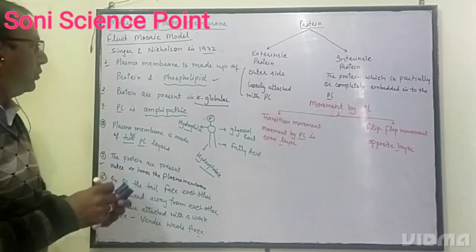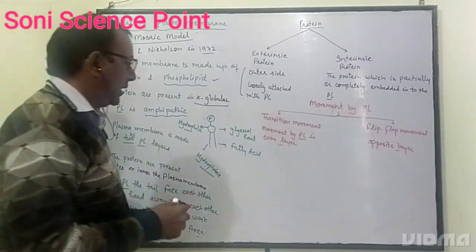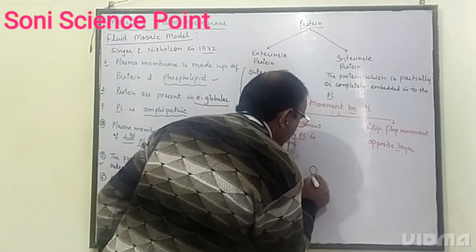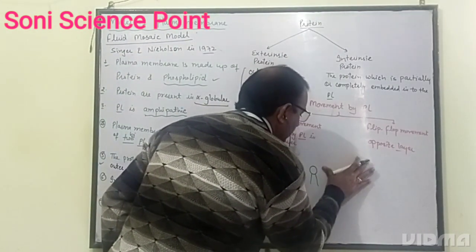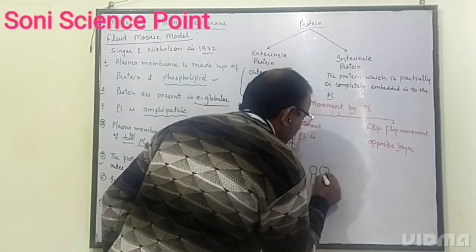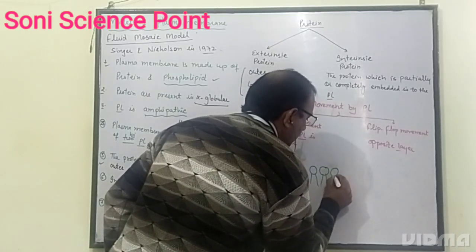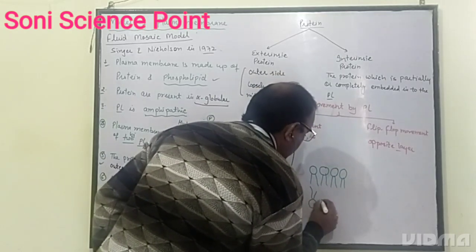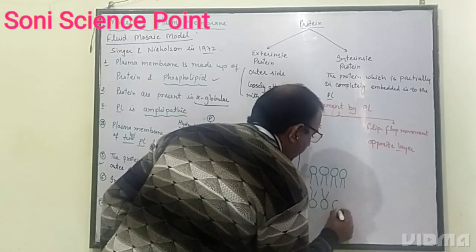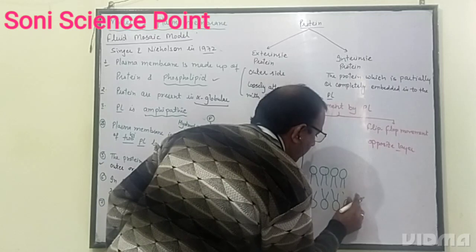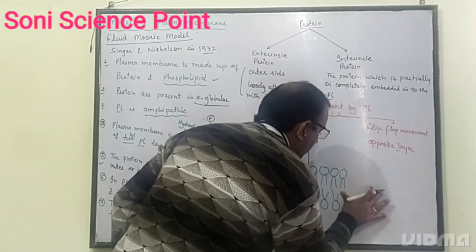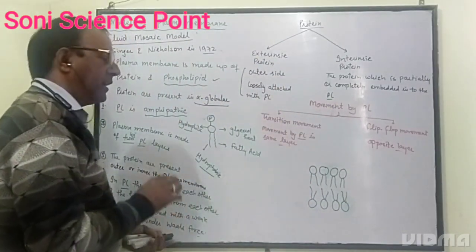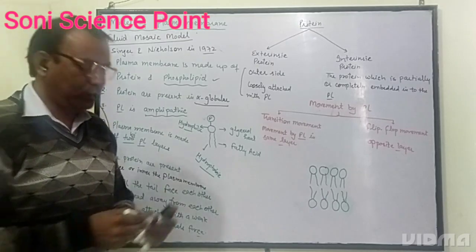So we draw the diagram as proposed by Singer and Nicholson. First, the phospholipid bilayer in the plasma membrane: glycerol head with a fatty acid tail, a structure like this. Protein may be present outside, and if it is outside, it is loosely packed.